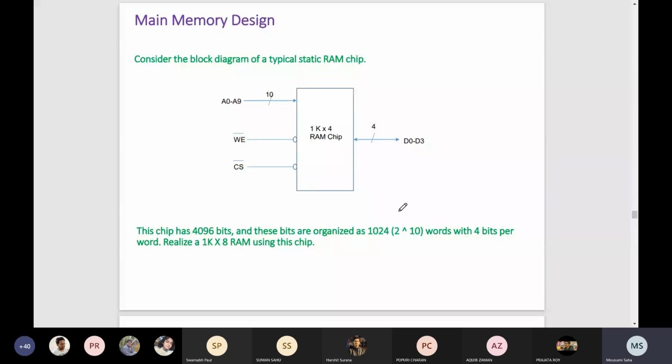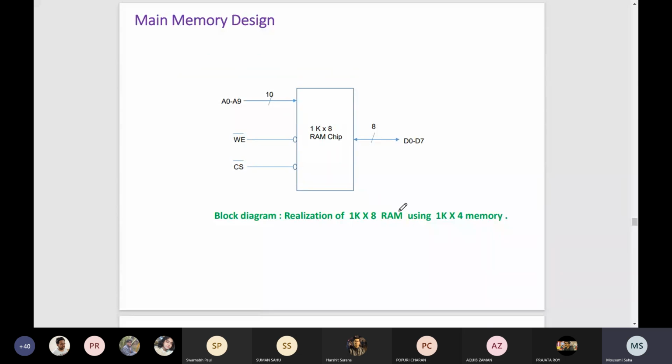Okay, another type of design, where the data bits are 4 bits. We have different ICs with this configuration, but here the data bits are 4 and the address bits we have considered are 10, that is A0 to A9. Now suppose that we want to design, with the help of that, a 1K by 8. That means the address space remains the same, but the data bits are expanded.